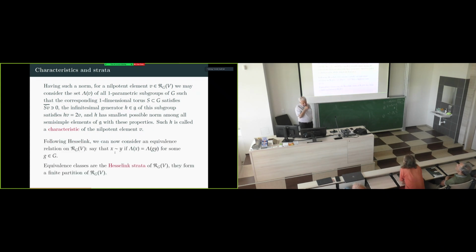Following Hesselink, we define, first of all, Λ(v) as the set of all one-parametric subgroups of G such that the corresponding one-dimensional torus has closure containing zero.